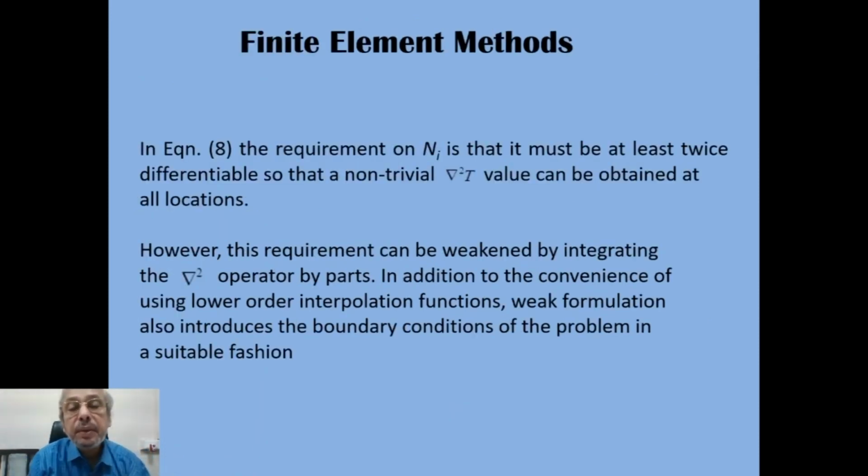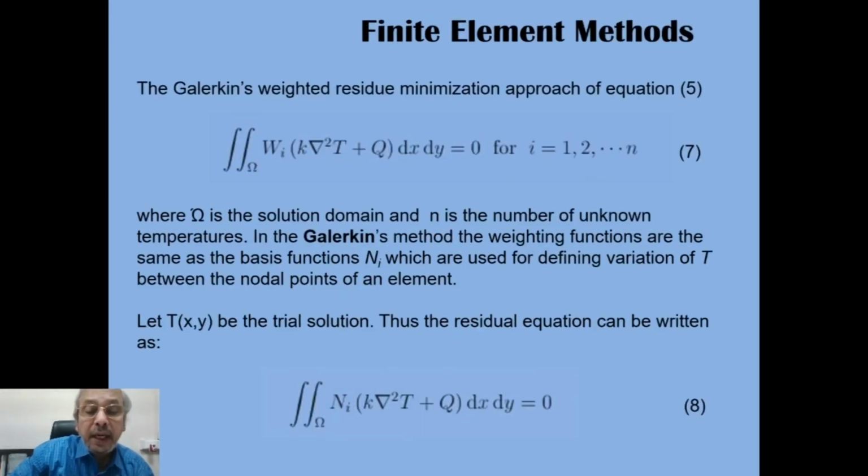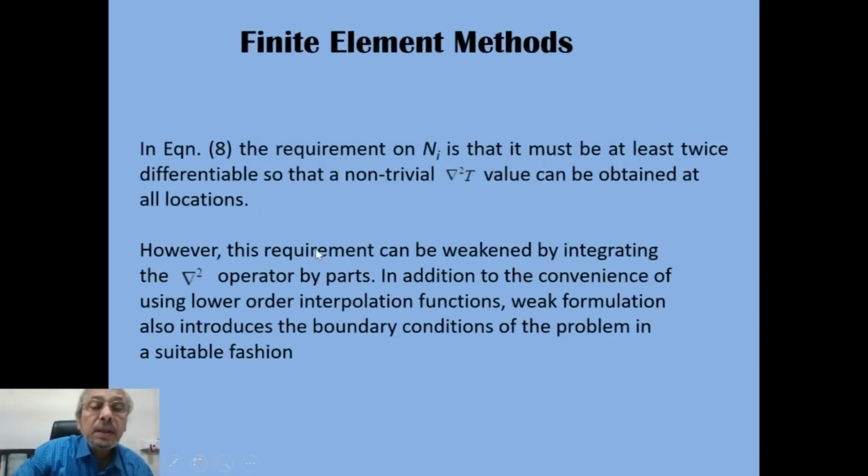Equation 8 places a requirement on Ni that it must be at least twice differentiable so that non-trivial del square T values can be obtained at all locations. I'll go back to the earlier slide again. So Ni should be such that it is twice differentiable. That's a mathematical property. However, this requirement can be weakened by integrating this del square or grad square operator by parts.